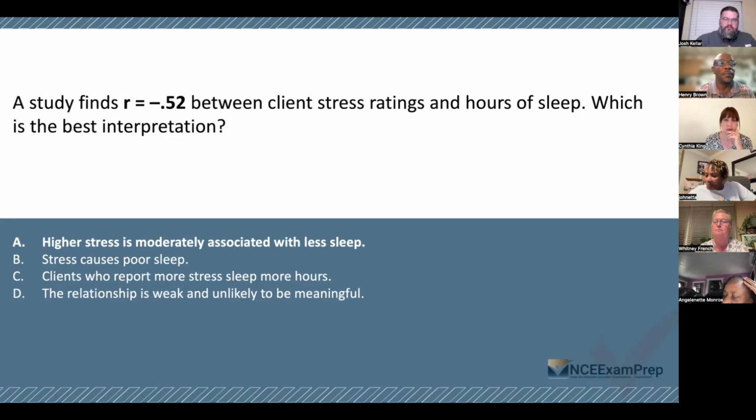But even if it was firmly moderate, that doesn't change the fact that B, C, and D are clearly incorrect. So A is clearly the best answer because of the reasons that we identified.